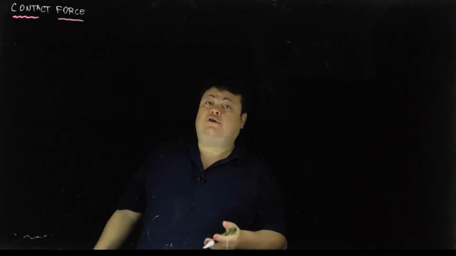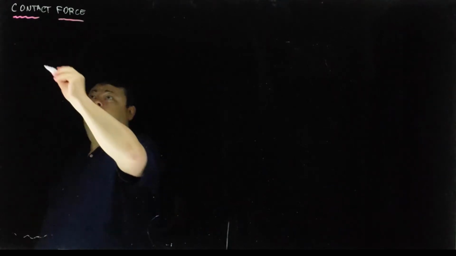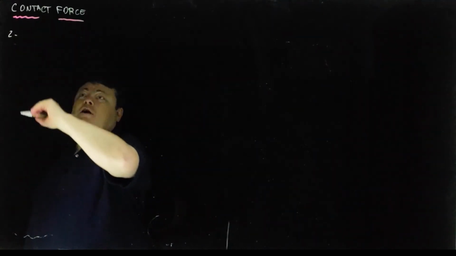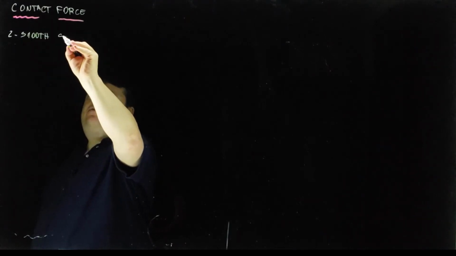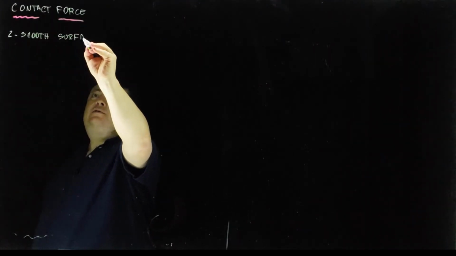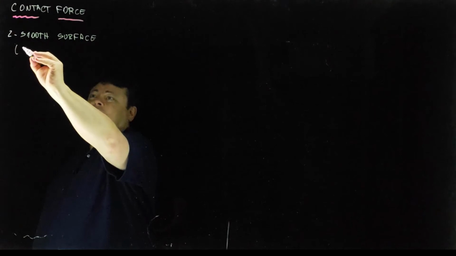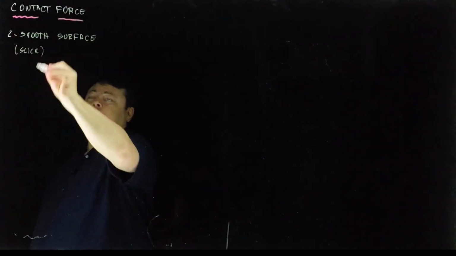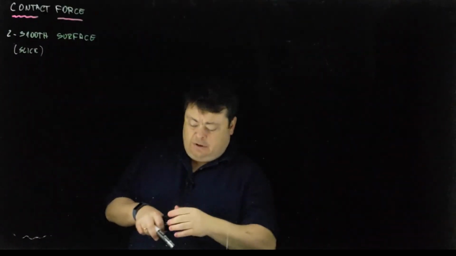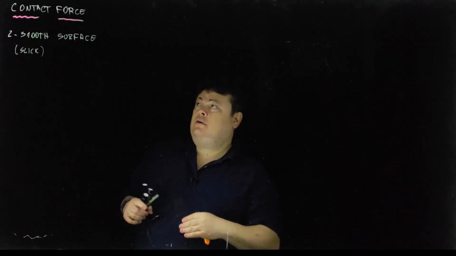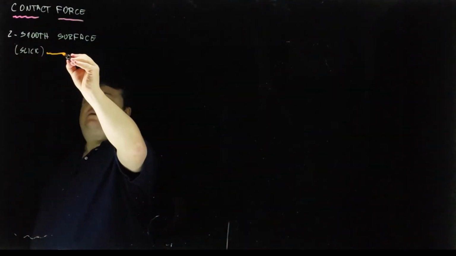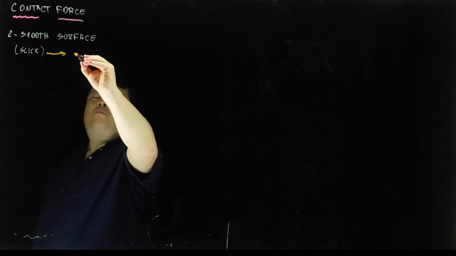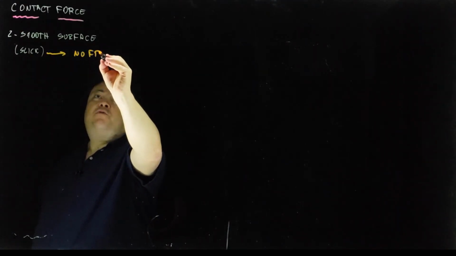To finalize our study of contact force, we'll now talk about the second kind of contact, which is a smooth surface or slick surface. Now, in physics, a smooth surface or a slick surface really means completely no friction.